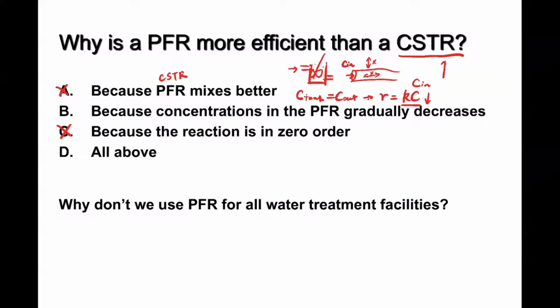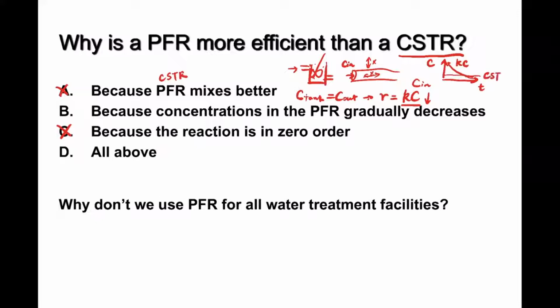Instead of reducing dramatically, its concentration reduces exponentially. So at the initial time, you have a much higher reaction rate. But for the CSTR, it's always using a very low reaction rate.